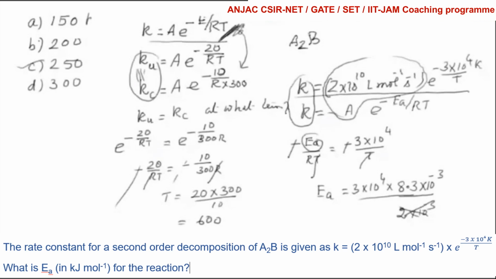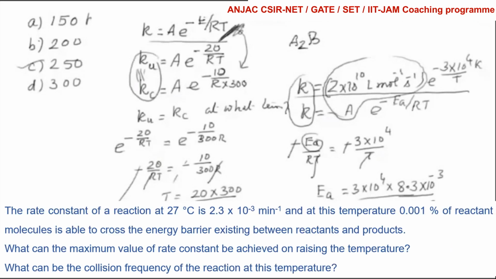There's another type of problem I will give you. Take down this. The rate constant of a reaction at 27 degrees centigrade is 2.3 into 10 power minus 3 per minute.